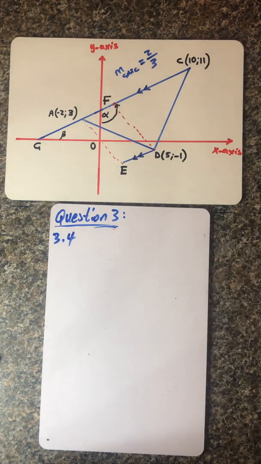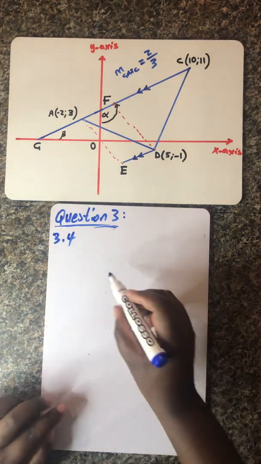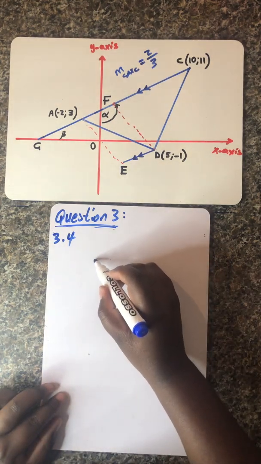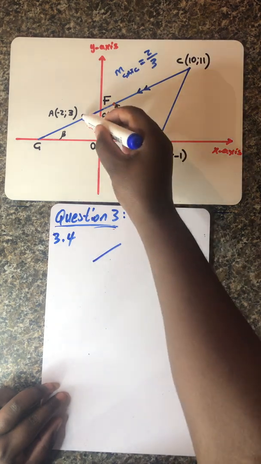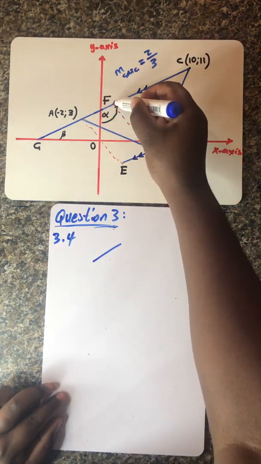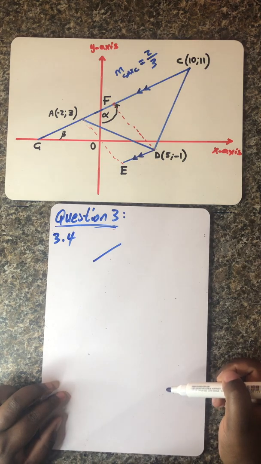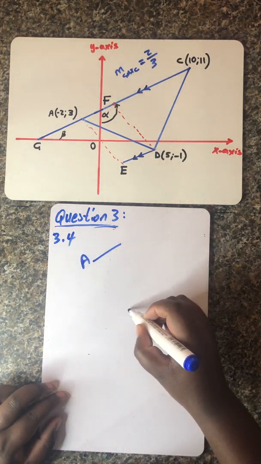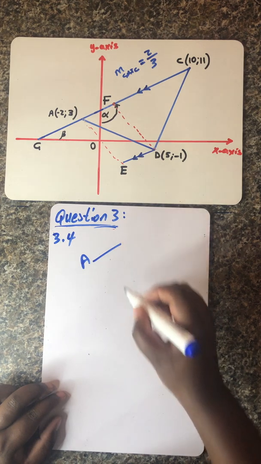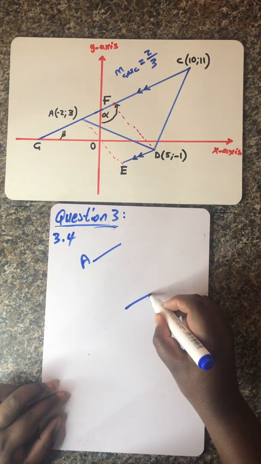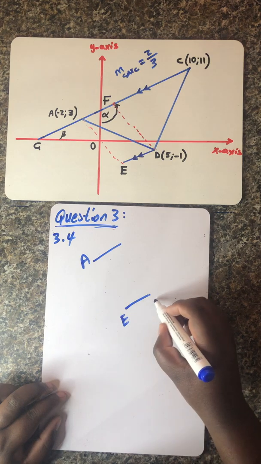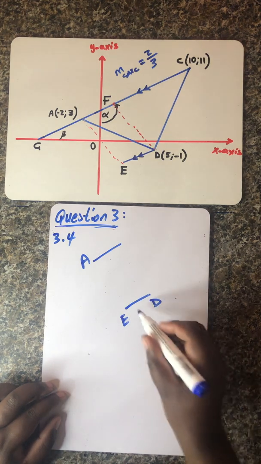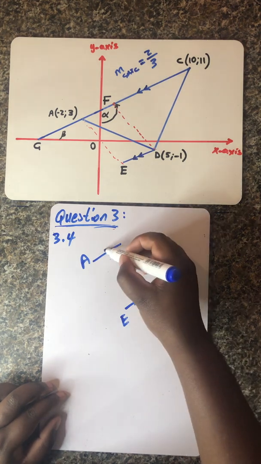Let me do something like this so that you understand. So this is that line of that point and that point. Remember this is A. And again you've got another line which is parallel to that line somewhere there, which is E and D. Remember these lines are parallel.